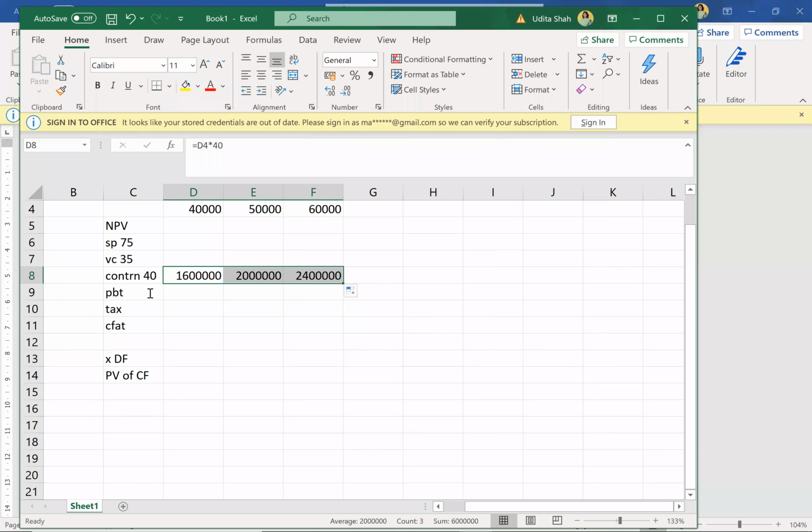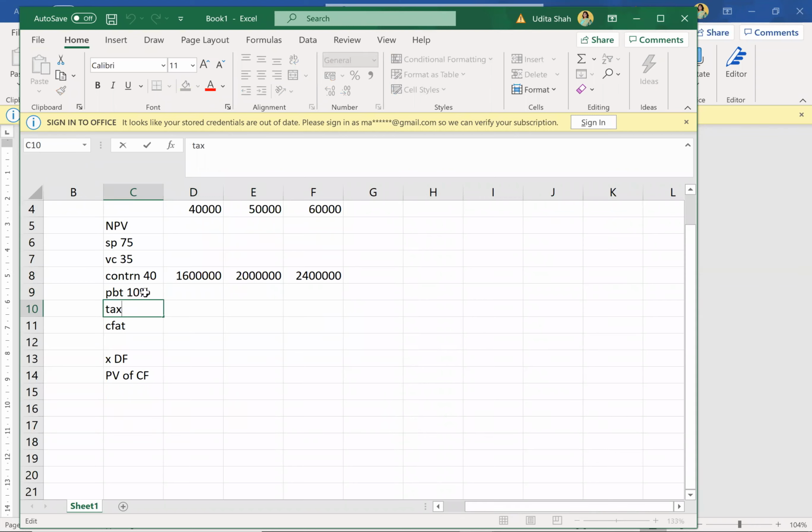Now guys, pay attention. Tax is 10%. So can I say PAT or CFAT is 90%? Correct.